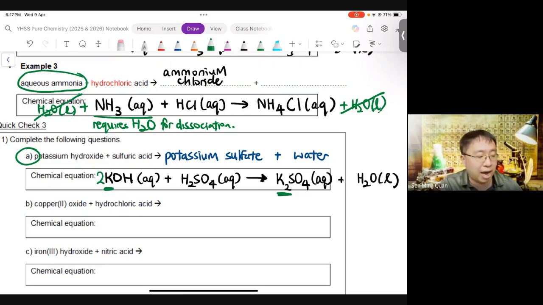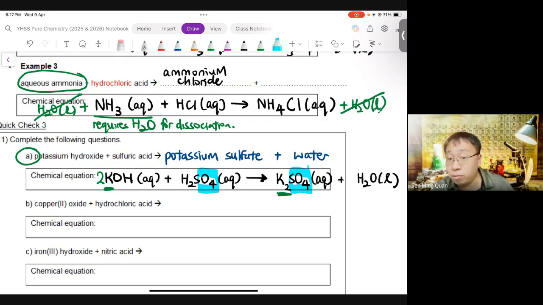Therefore, you need 2 times the amount of KOH. This ensures you have 2 potassiums on the left and right. After that, you will count the sulfates. Make sure the sulfate is balanced. 1 sulfate, 1 sulfate.